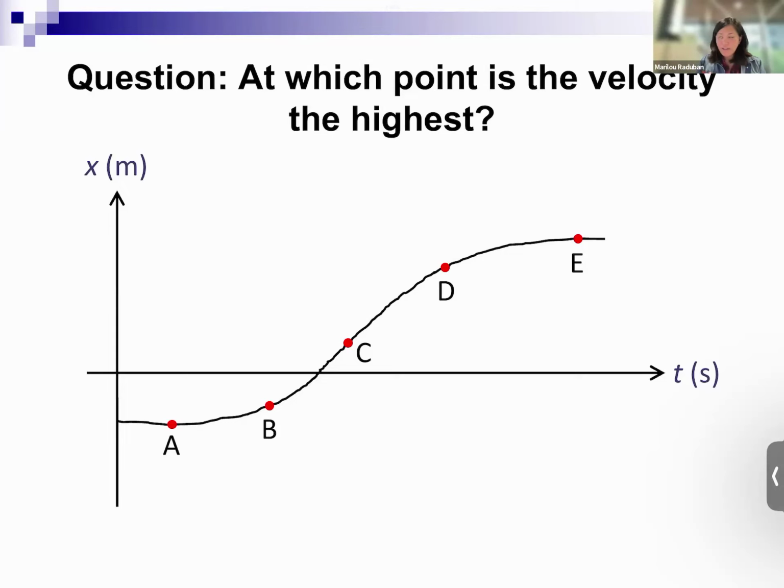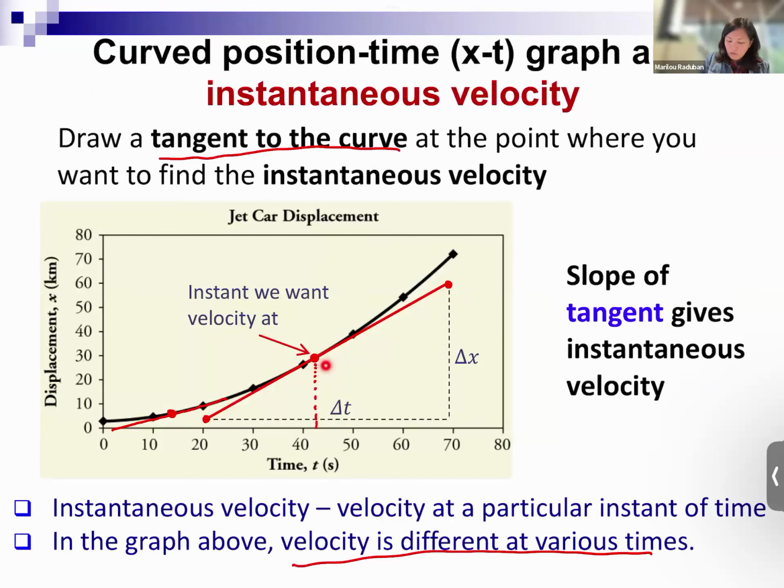While you're thinking about this question, there's a question in the chat box which says, why can't we just use the specific value at the point and divide? So I guess the question is, why can't we just use this specific point here, say 30 meters divided by 40 meters?